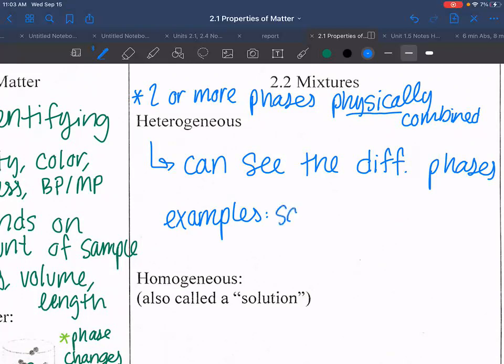Salsa, I talked about that one. I had a really good idea for one this morning. What about trail mix? You can really see the different peanuts and M&Ms. Cereal's fantastic. Shout out to Lucky Charms. That's my favorite. So we can see the different parts that make it up.